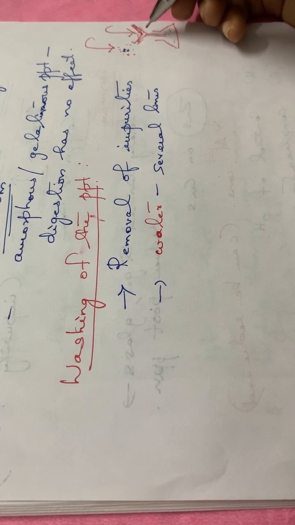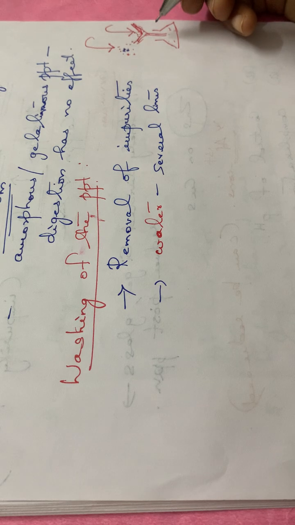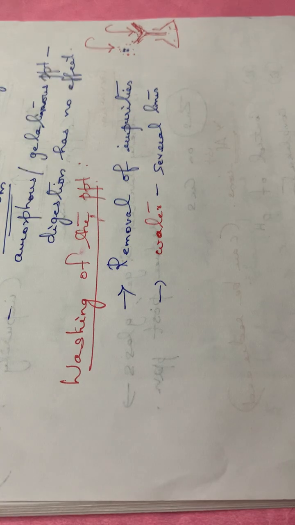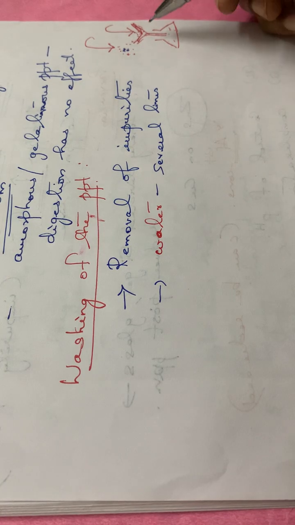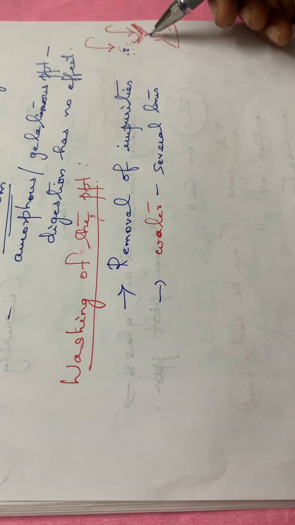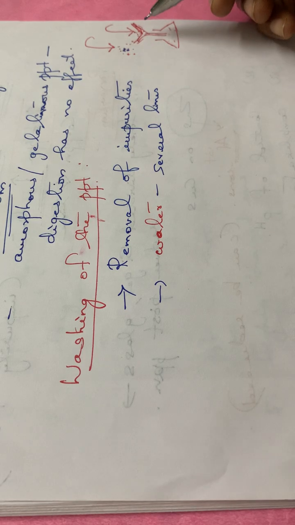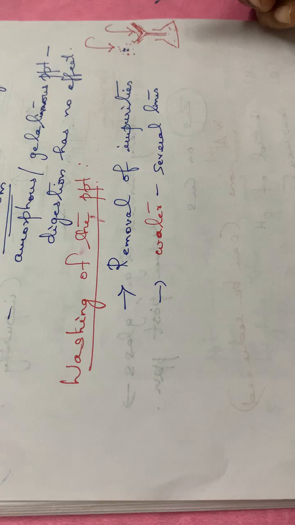It is desirable to wash using a small amount of water several times, not using a large amount of water 1 or 2 times. That is not advisable, and the small-amount method is more effective. By washing, the adsorbed ions will be removed.